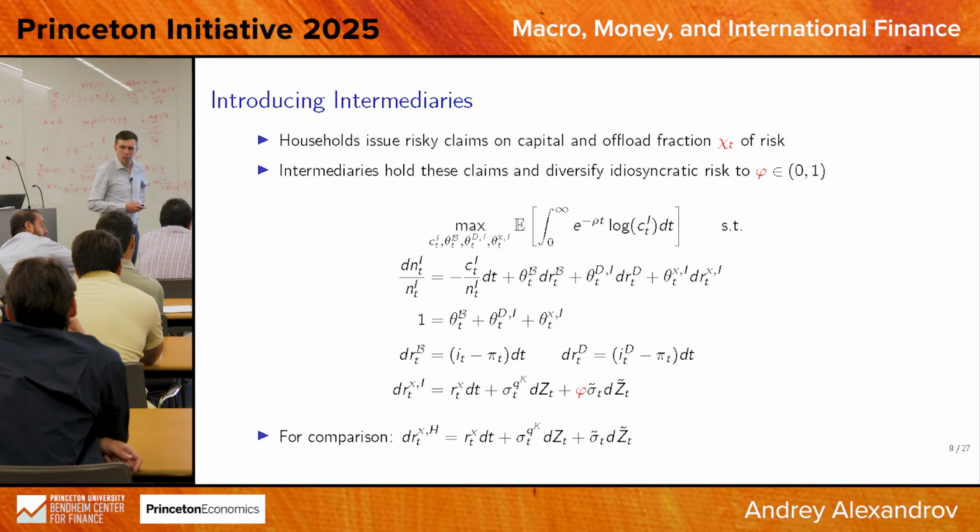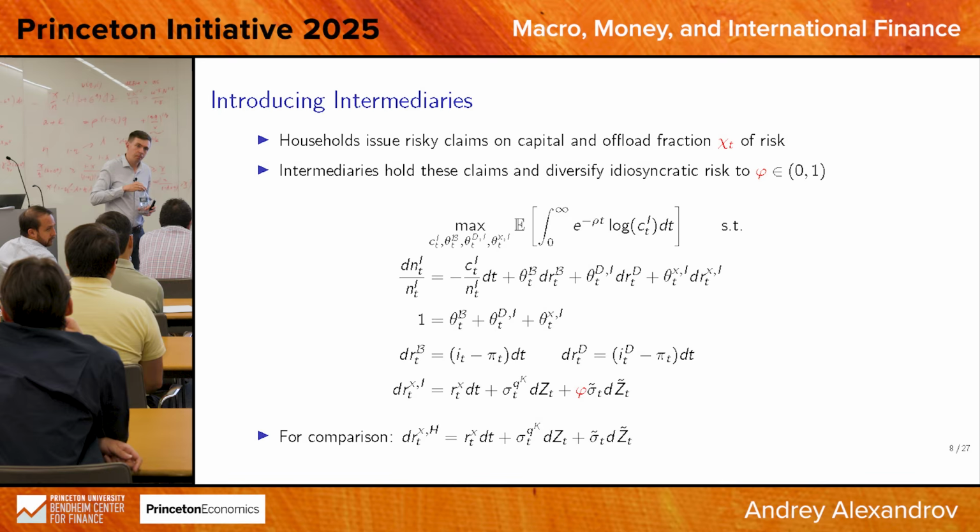So it's like the insider. Exactly. You can think of inside and outside. Exactly. Yes. And then the households can issue outside equity. That's the outside equity. Yeah, but they cannot buy the outside equity of other households. No, they cannot do that. So all the diversification needs to happen through intermediaries.